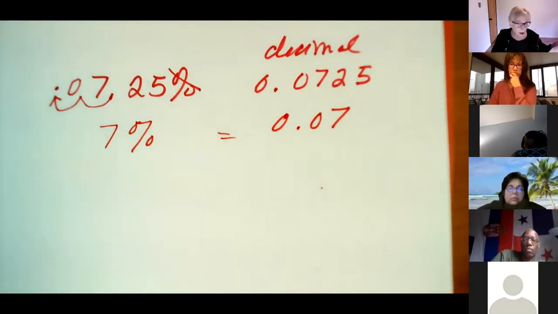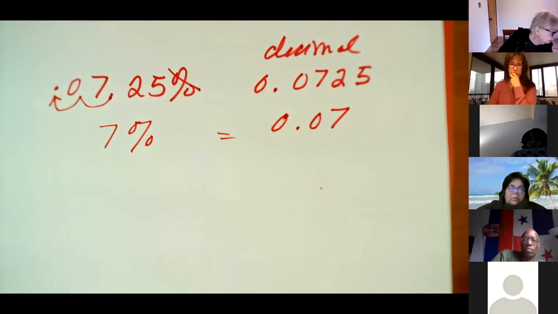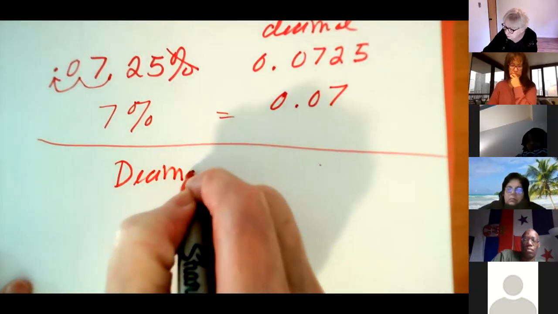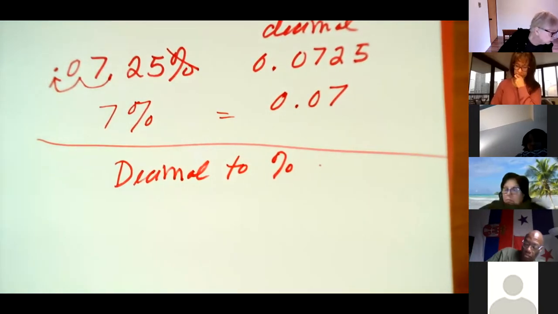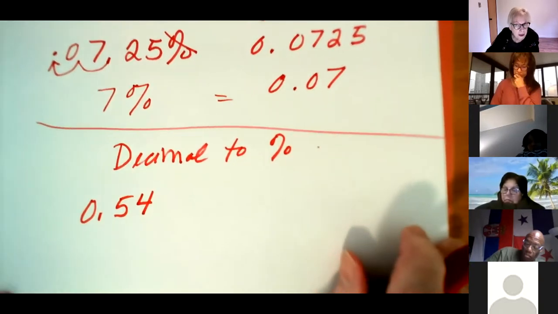Now, let's try the next batch. I want a decimal to a percent. All right, now we're going to do the reverse. Decimal to percent. So 0.54 is a decimal.